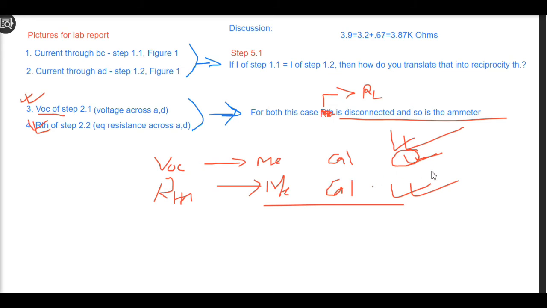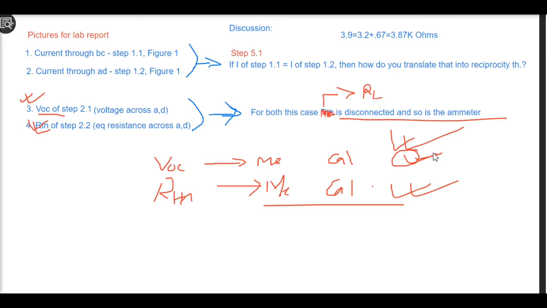And like I said before, when it comes to the power transfer theorem, what happened to me is that when I measured the open circuit voltage, it came out below 4.5 volts. If you remember, the minimum voltage that we can supply through Labrador is 4.5 volts.